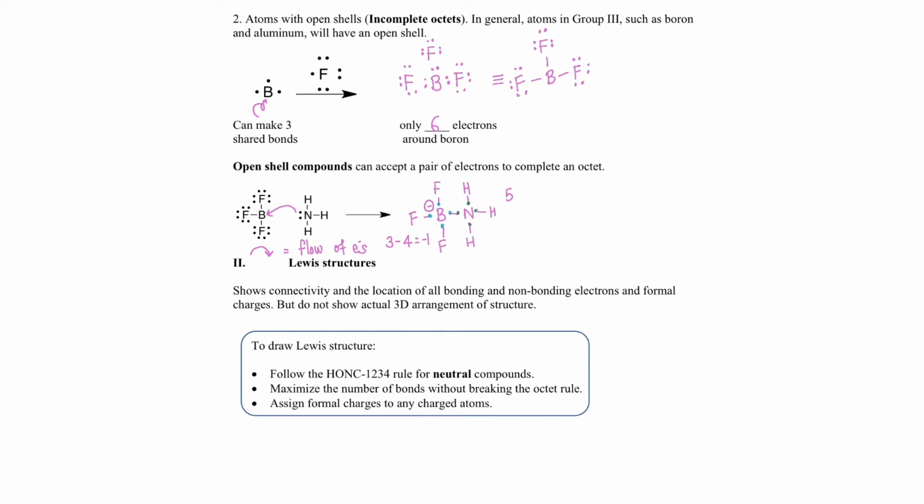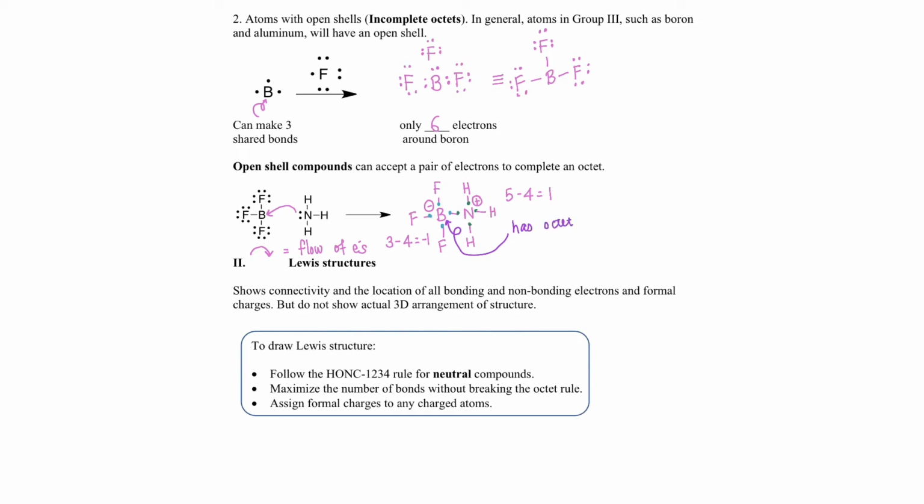So 5 minus 4, we get a formal charge of +1. And now if you look at boron, let's point to the boron. This now has an octet. It has 8 valence electrons.